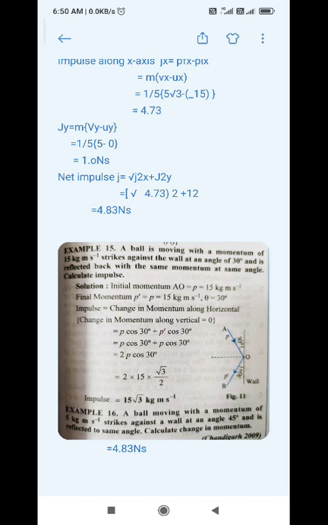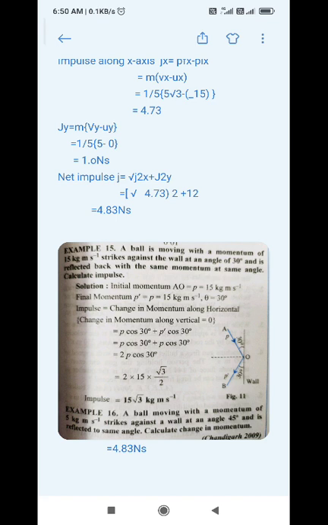So we will get P cos 30 plus P dash cos 30, so twice P cos theta. So twice into 15 into root 3 by 2, that is 15 root 3 kg meter per second. That will be the impulse.